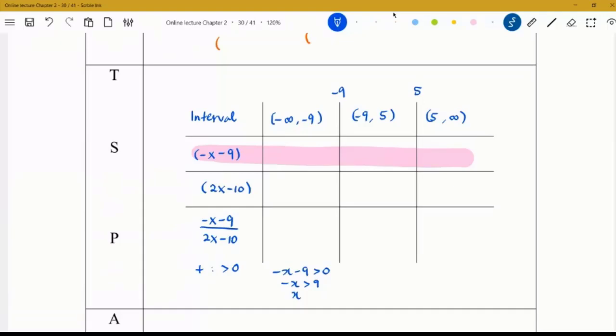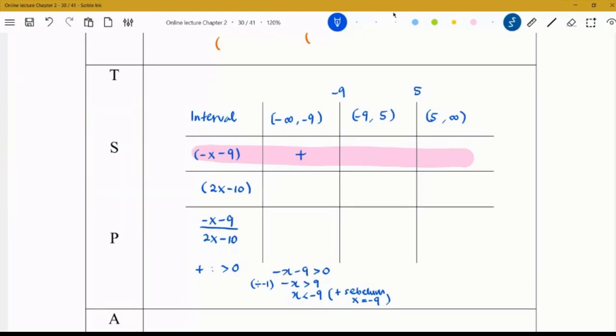X dia akan jadi kurang daripada negative 9, sebab kita bahagikan dengan negative number. Sign inequalities akan berubah. Okay. So bermaksud di sini kita dapat plus sign sebelum x equal to negative 9. Okay. So palang x equal to negative 9 di sini. So dia dapat plus dekat sini.